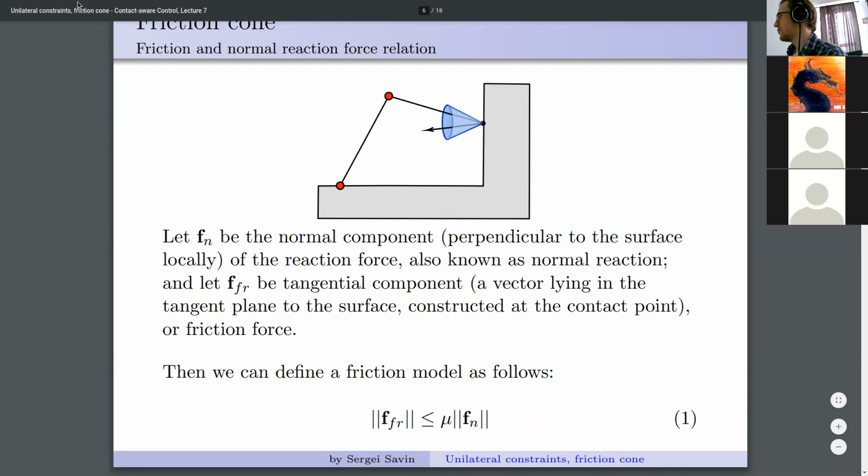Okay, so then you can have this expression number 1. What does it say? It says that the norm of friction is less than the norm of the normal reaction force times the friction coefficient.